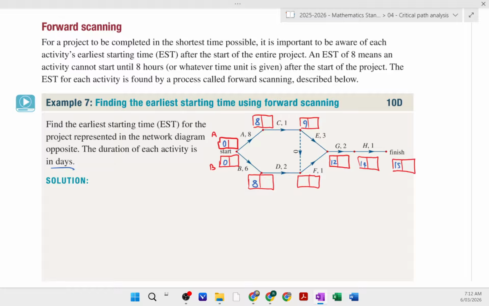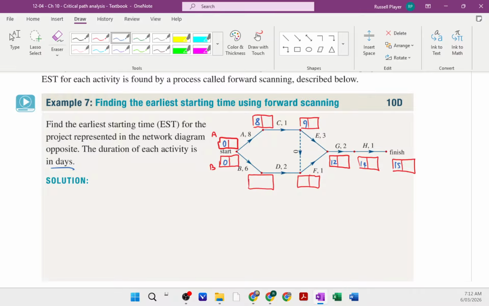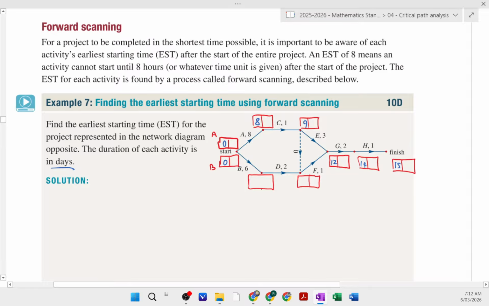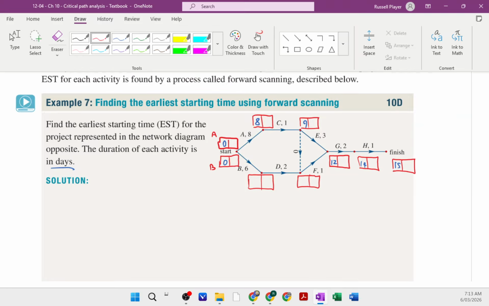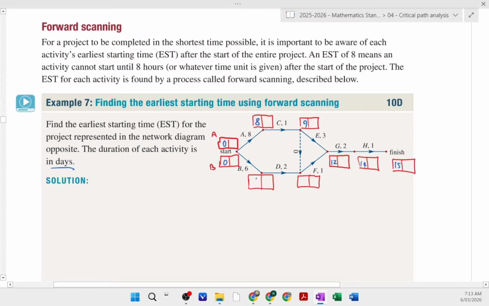It says 6. Draw that line. B takes 6, so D can start after 6, sorry. So there's that 6 there, not the 8, which is up at A. There we go.